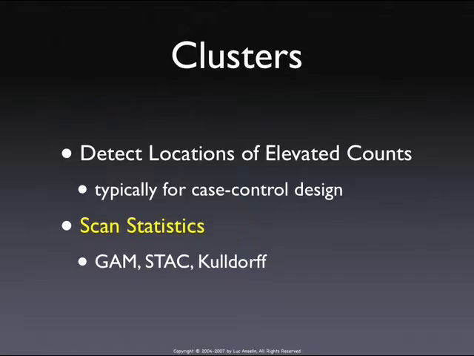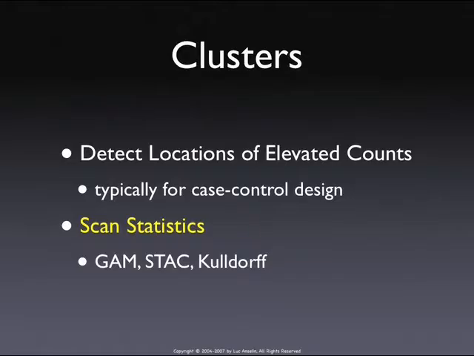So we're interested in finding out locations where, say, we have elevated counts of events. And you can think of statistics that use a similar kind of rationale in that they take a circle or a square and they move them over the point pattern, and they pick out the locations where there are more points than there should be.